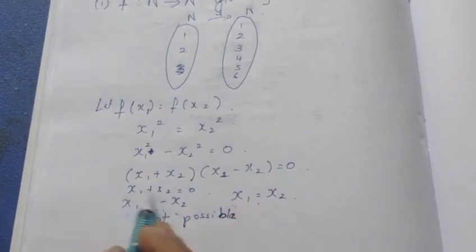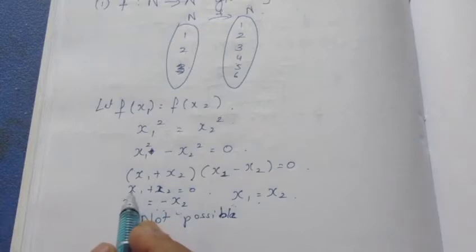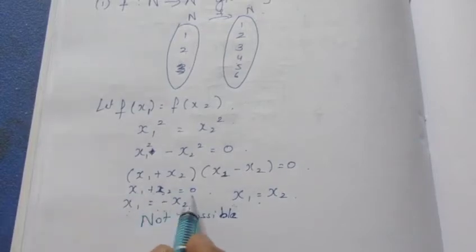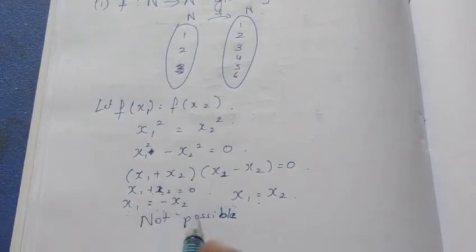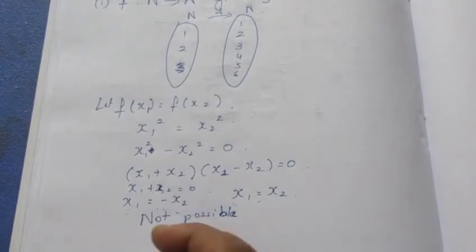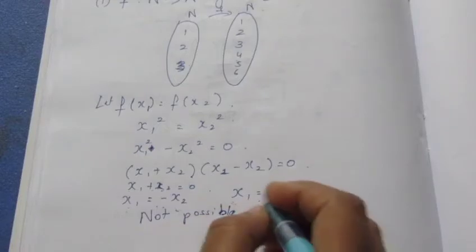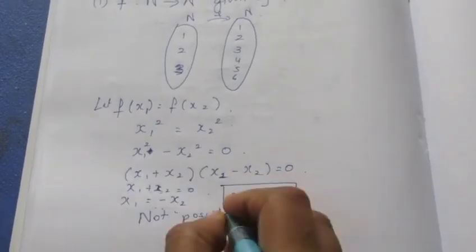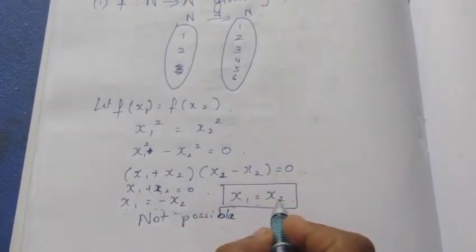Seeing this itself we can say this is not possible, because both are positive numbers. Adding two positive numbers, we can't get the value 0. So this is not possible. But here we get x1 is equal to x2.